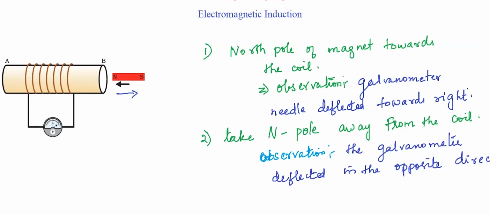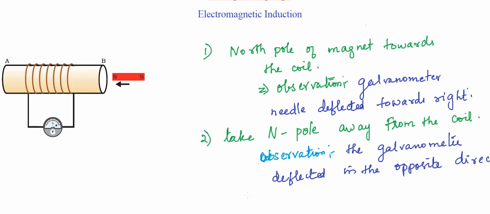Also, in both these cases, the deflection happened only as long as there was movement. When the magnet was stationary, at the farther end or the near end, there is no deflection, and the galvanometer was at 0.